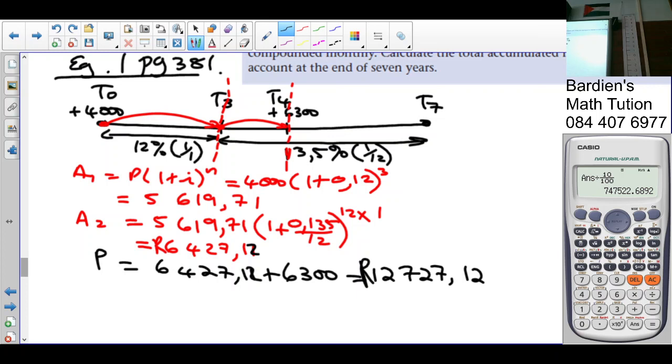Remember that's your P value lying here now. So you do that last part of the calculation for me.